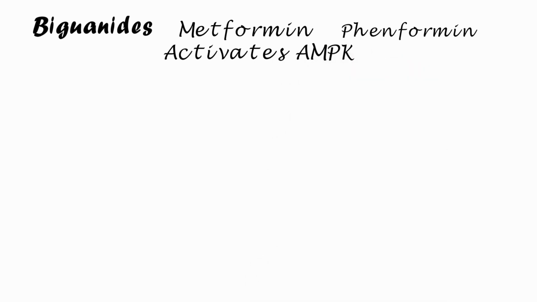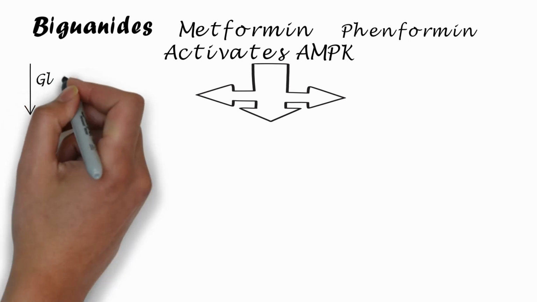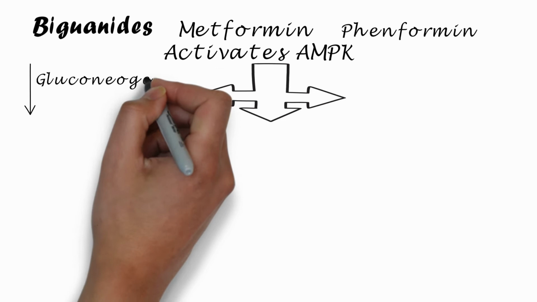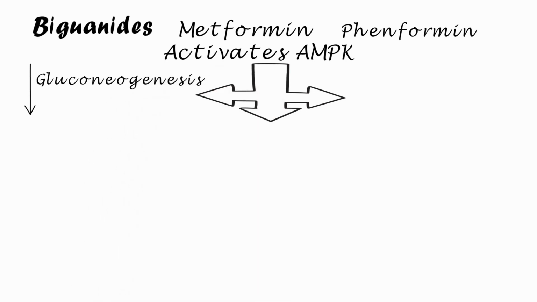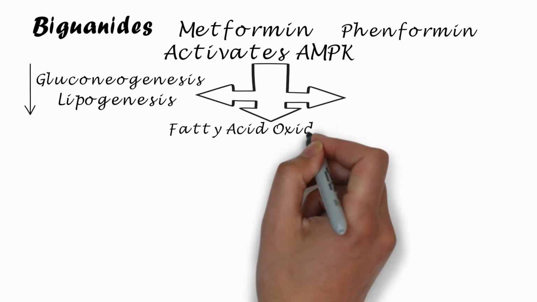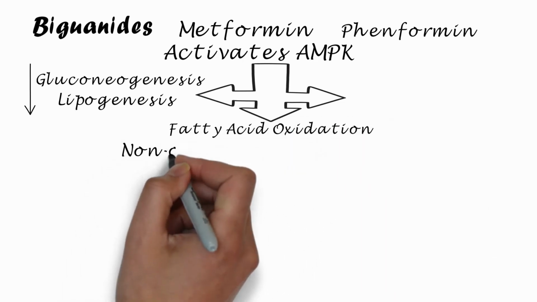Metformin activates AMP-dependent protein kinase, most possibly by reducing intracellular energy stores. This activated AMP kinase reduces gluconeogenesis and lipogenesis, whereas it stimulates fatty acid oxidation and non-oxidative metabolism.